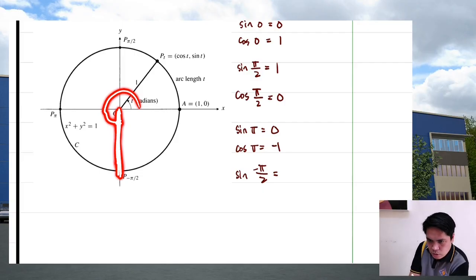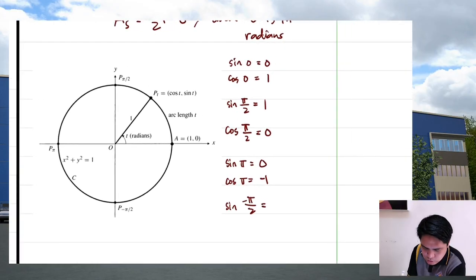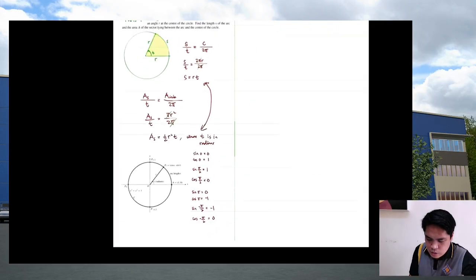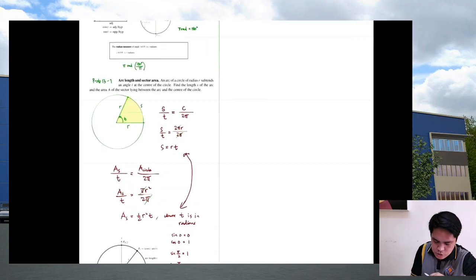So, opposite niya would be what? That is actually the same as dito, pero nasa baba na siya. So that would be negative 1. Okay. Negative 1. And yung cosine natin, negative pi over 2, is equal to 0.